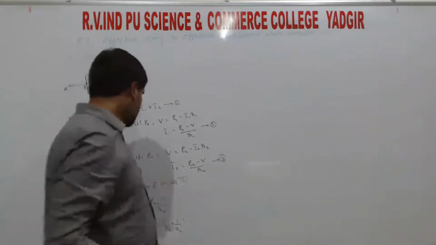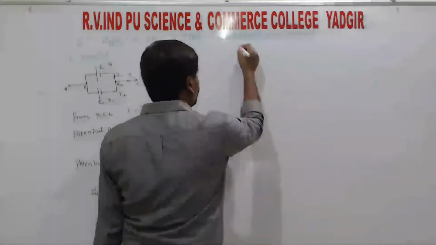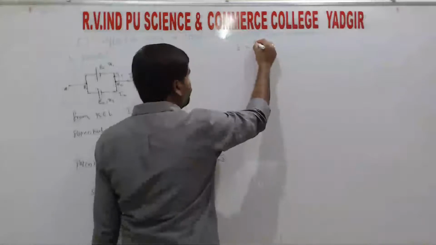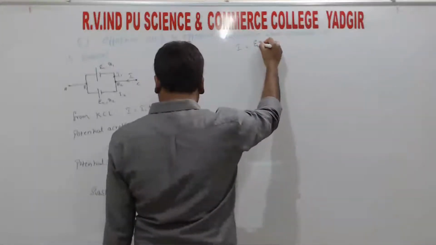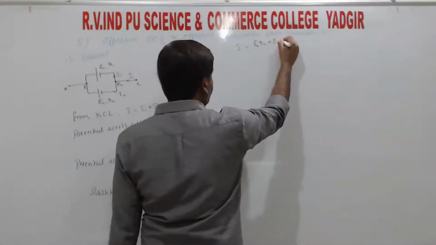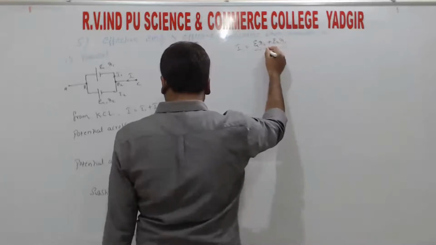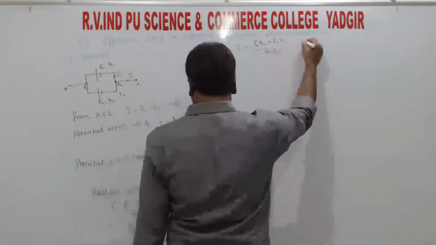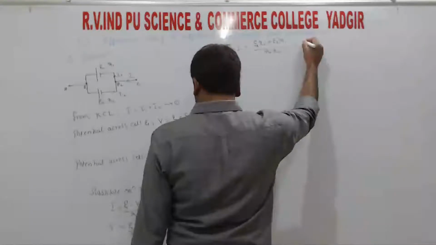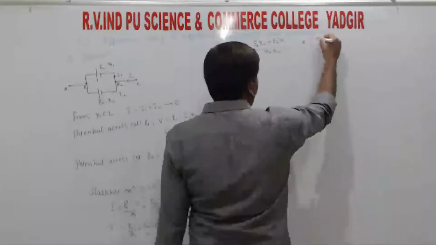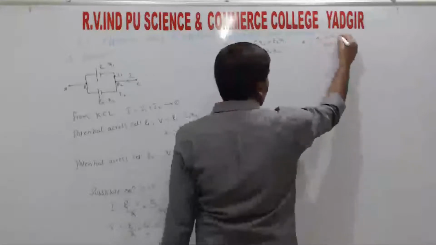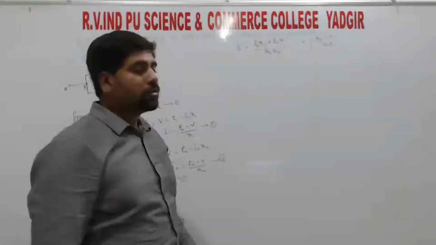Taking the LCM on the right-hand side, I is equal to E1 R2 plus E2 R1 divided by R1 R2 minus V into R1 plus R2 divided by R1 R2, right?